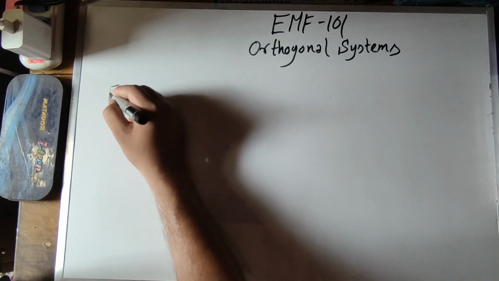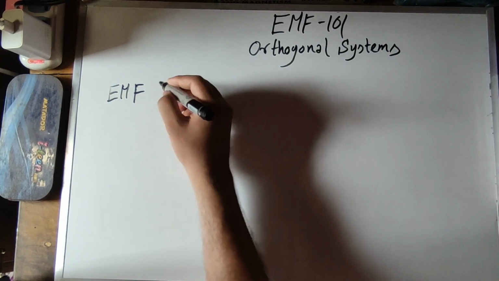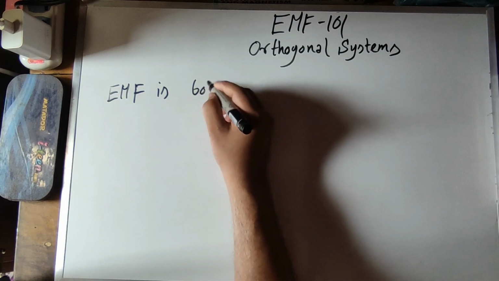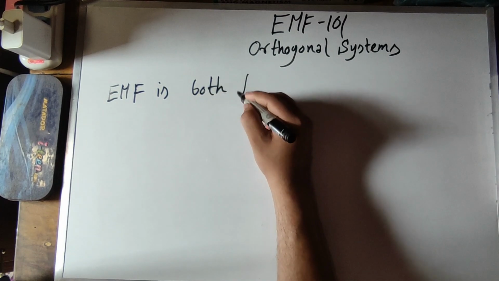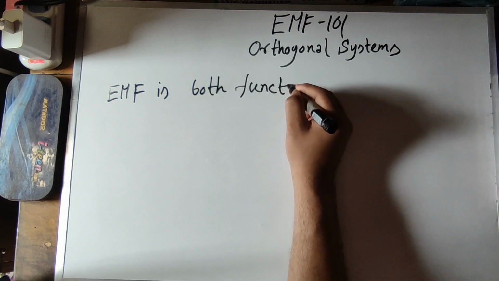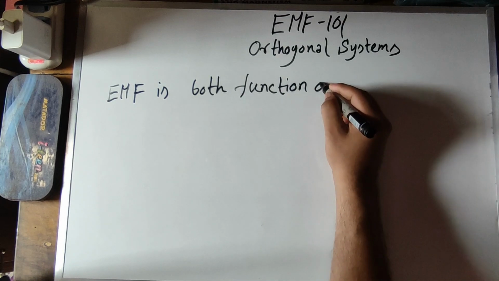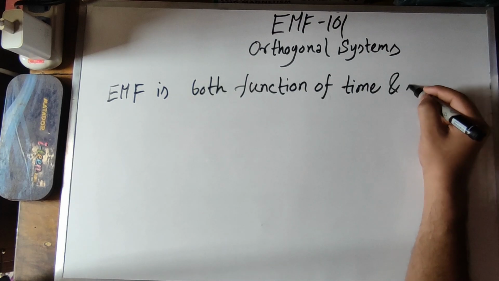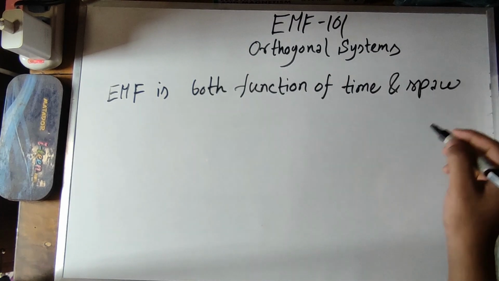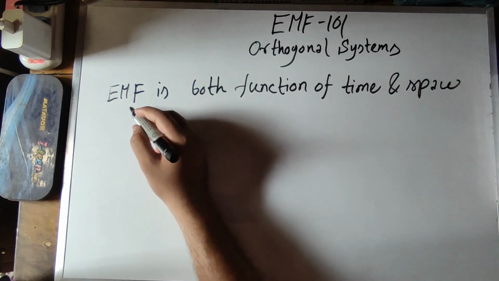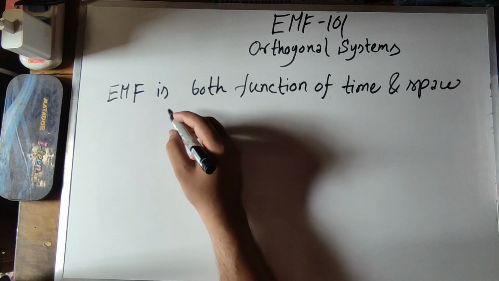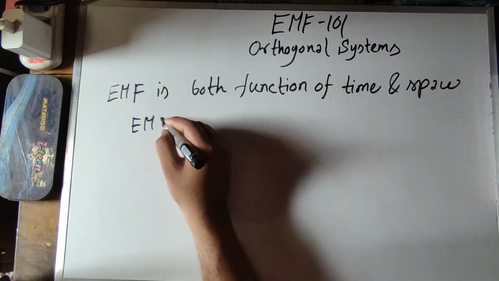So we write EMF is a function of both time and space, and electromagnetic fields are vector fields. EMF is a vector field.